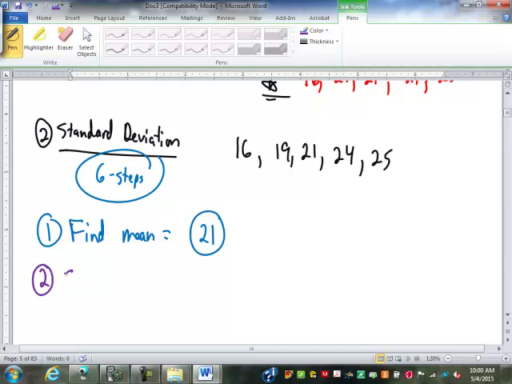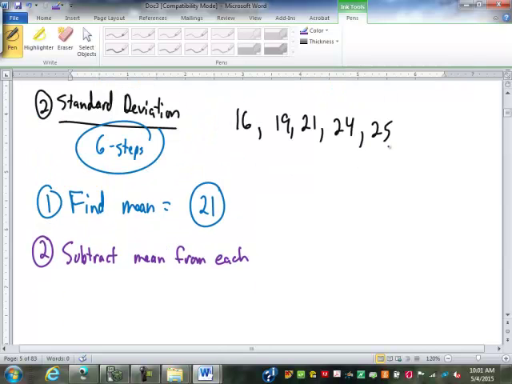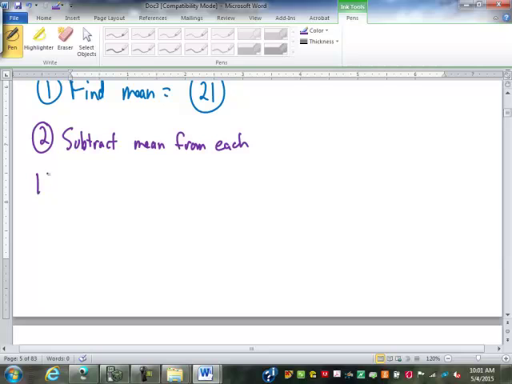Step 2 is to subtract the mean from each. So that means I'll take my list, 16, 19, 21, 24, and 25.